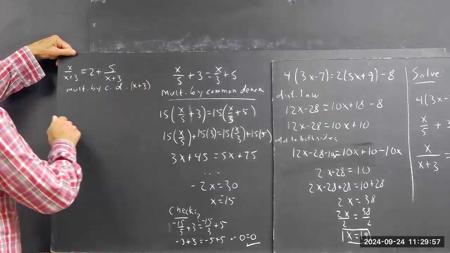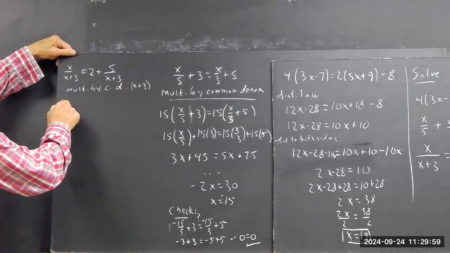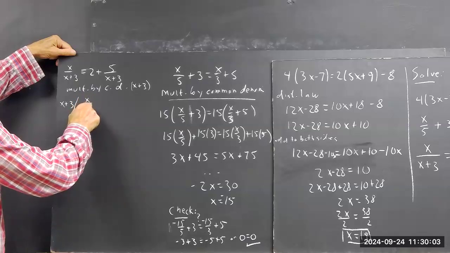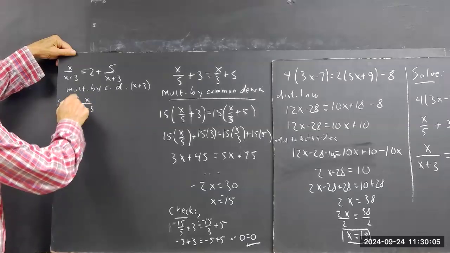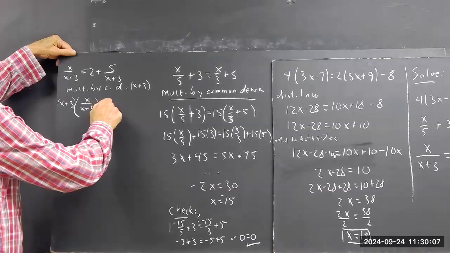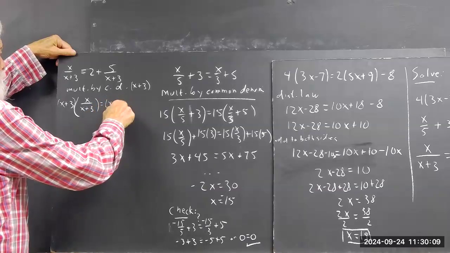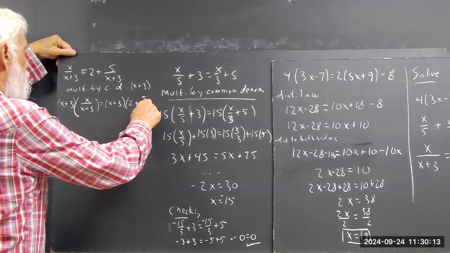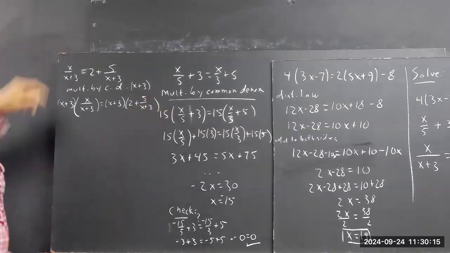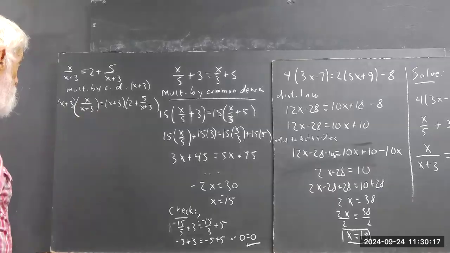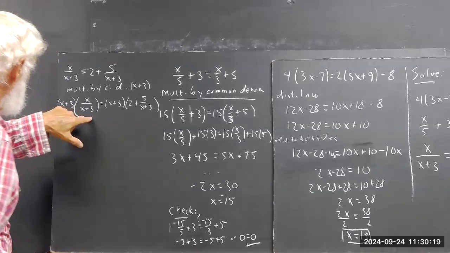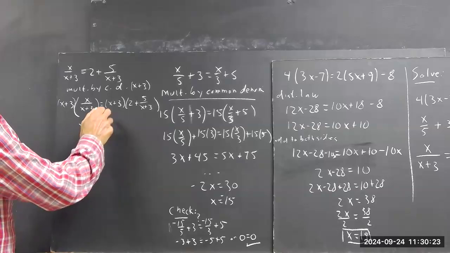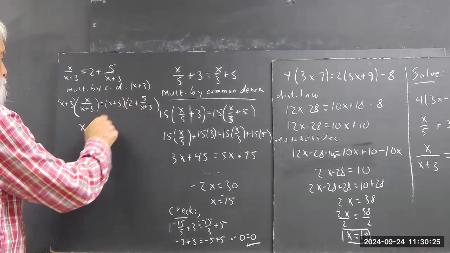It's x plus 3. So we do x plus 3 multiplied by x over x plus 3 equals x plus 3 times 2 plus 5 over x plus 3 on both sides by x plus 3. Then this x plus 3 divides this one, leaves us x. And this x plus 3 multiplies 2.